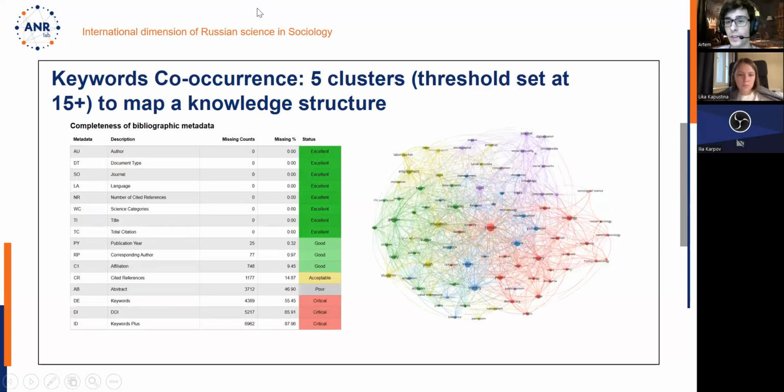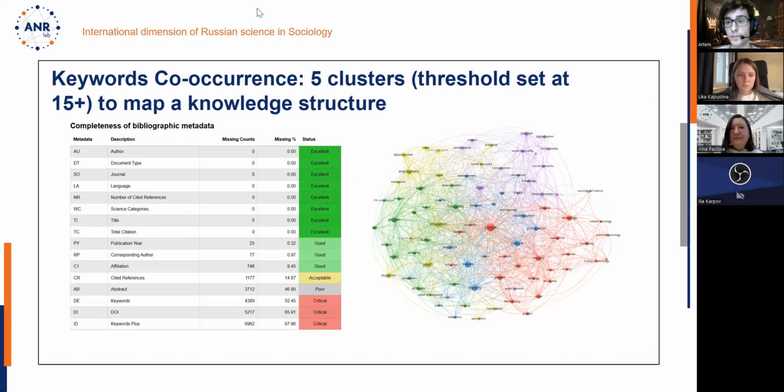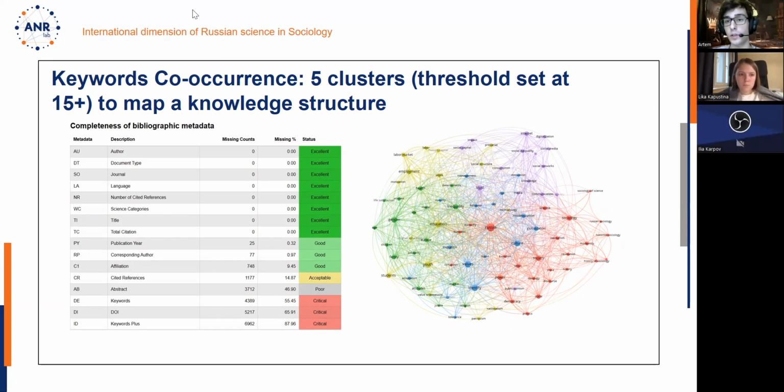This is how the network of keywords looks. This was mapped in the program WoS viewer, which is particularly suited to build networks of collaboration and co-occurrence in bibliometric networks, and it is best at working with Web of Science data.